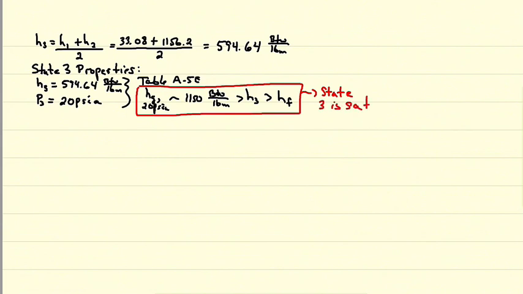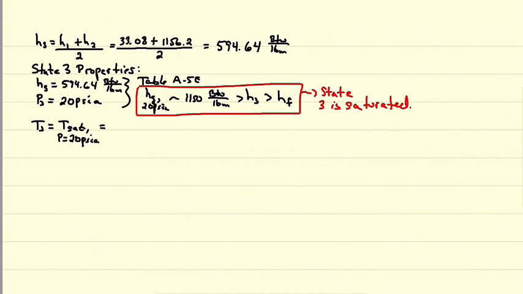The fact that we're being asked to calculate quality is a clue, but it's always good to be able to verify these things anyway, right? Because you have to know what properties to look things up in. Okay, so we know state 3 is saturated, so that real quickly allows us to easily answer the question of what is T3, right? What is the temperature at the exit state? Well, T3 is just equal to the saturation temperature at a pressure of 20 psia.